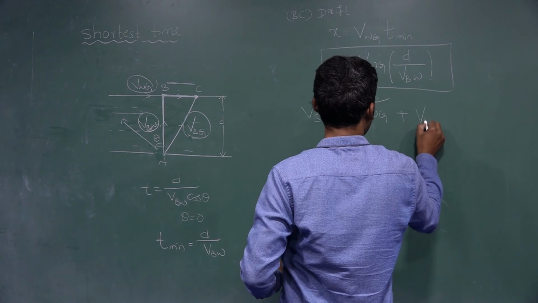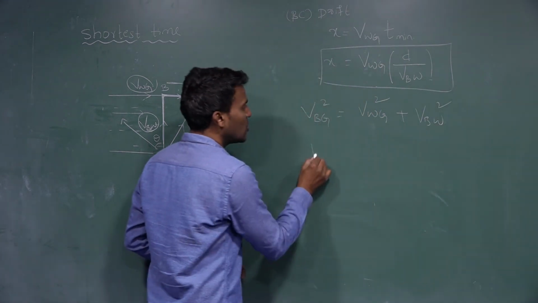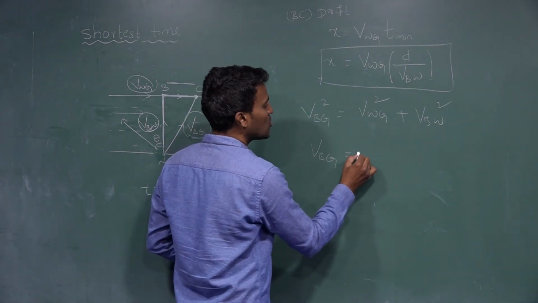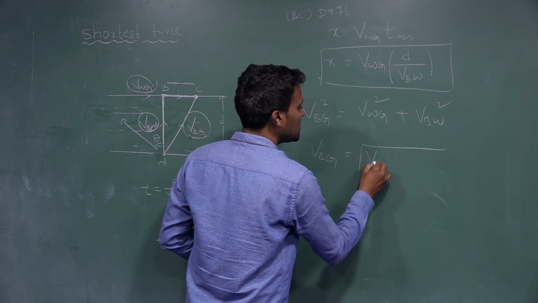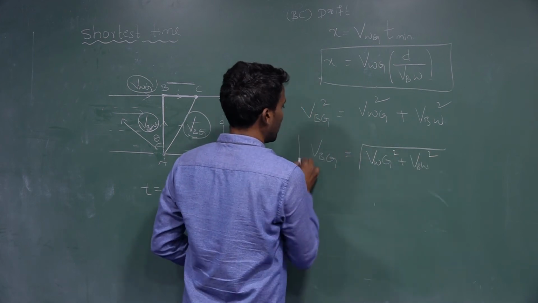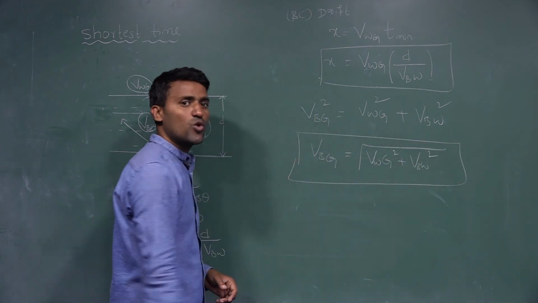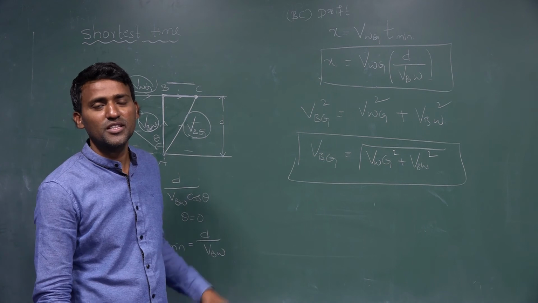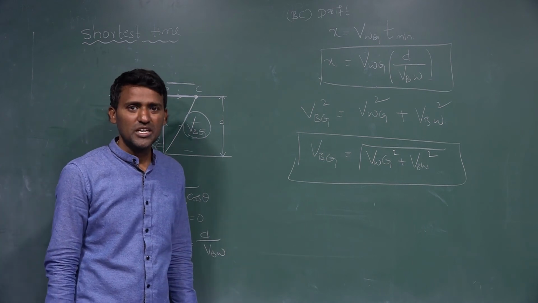Now VBG is equal to under root of VWG square plus VBW square. This is the velocity of the boat with respect to ground.